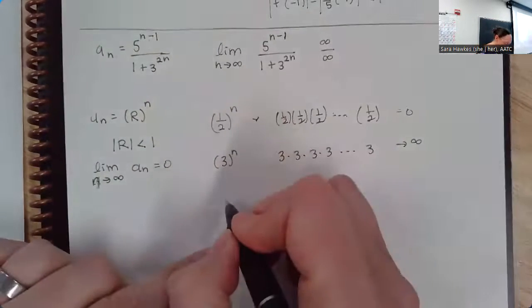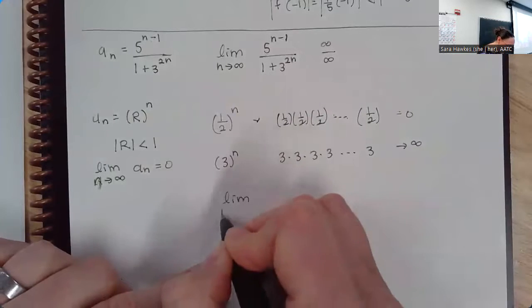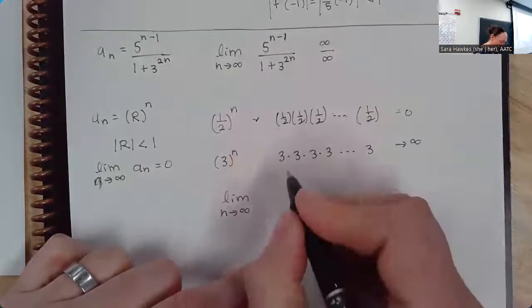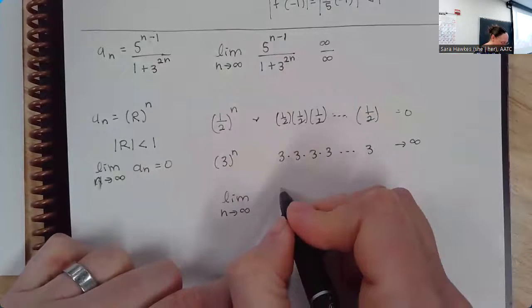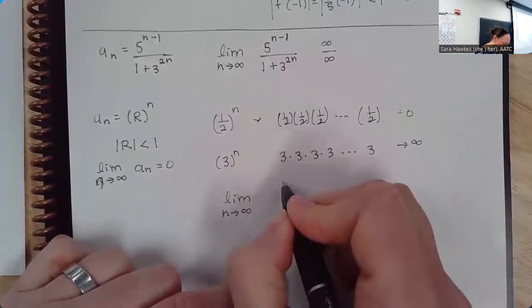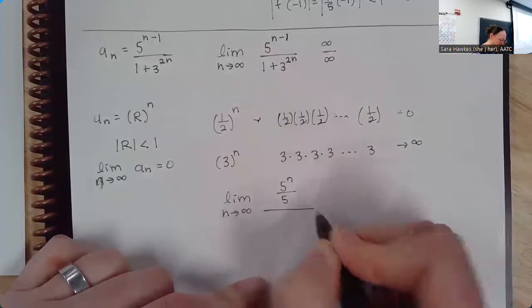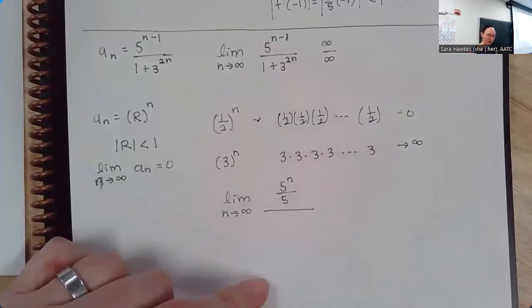The way that I would do it for my particular problem is I would take that 5 to the n minus 1 and write that as 5 to the n over 5, because of that -1 part.